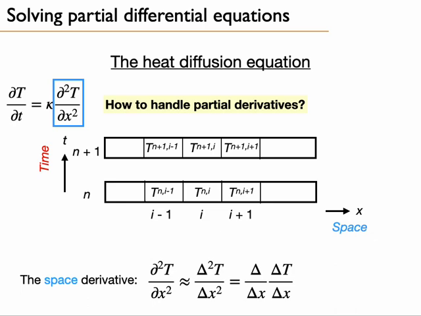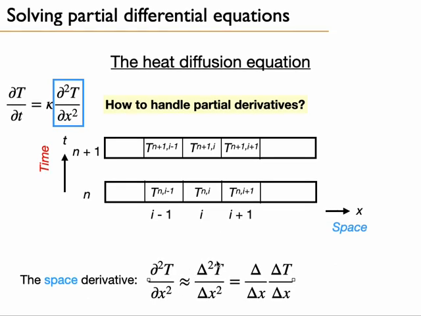Now, let's look at the right-hand side, and in particular at the second order derivative. Second derivative we haven't touched yet. But there's no reason to be afraid of it. So let's dissect it.